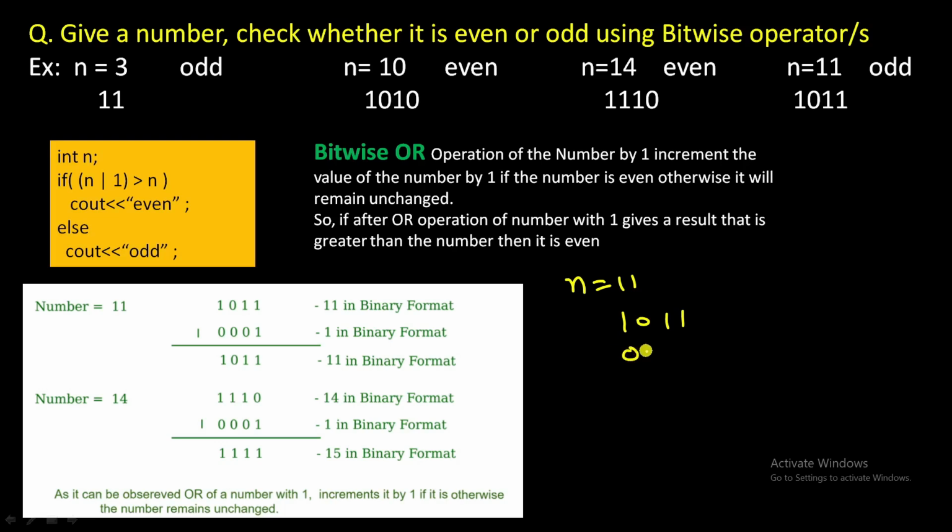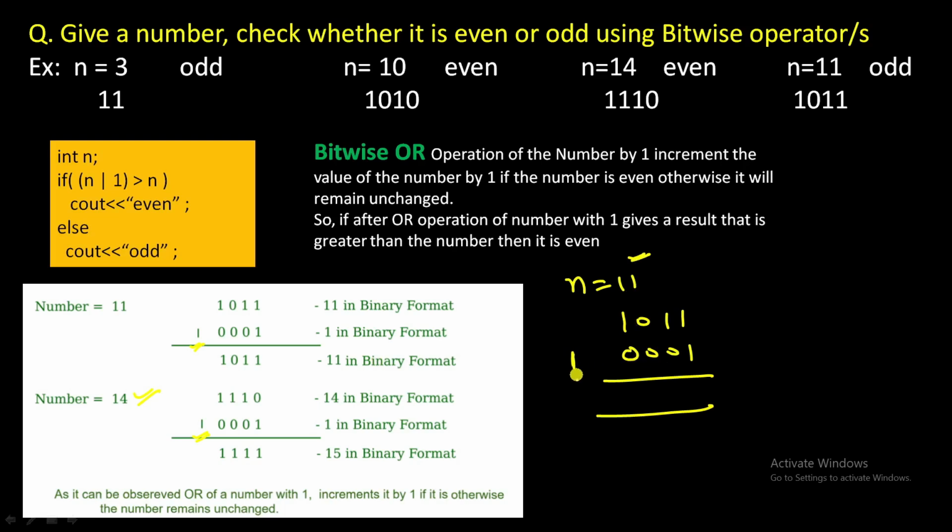Now if I am given 14, which is an even number, its binary representation is 1110, and this is the mask 0001, and I am applying the bitwise OR operator. Let's say this is an odd number.